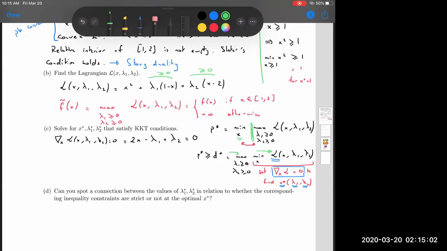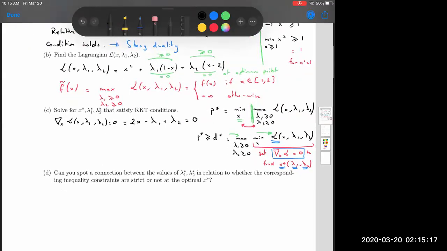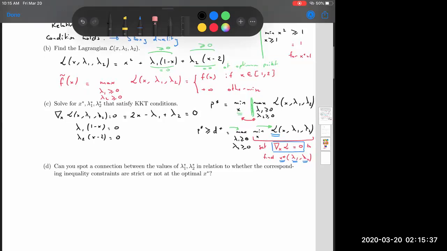So at the optimal point, you need to have this equal to 0, and this equal to 0 at the optimum point. So this is complementary slackness. Okay, and now you still need the optimal point to be feasible.